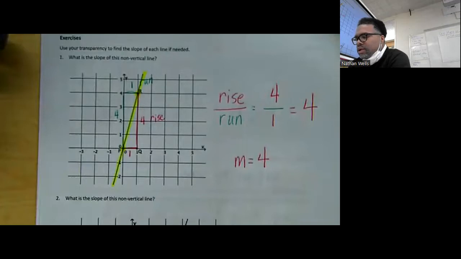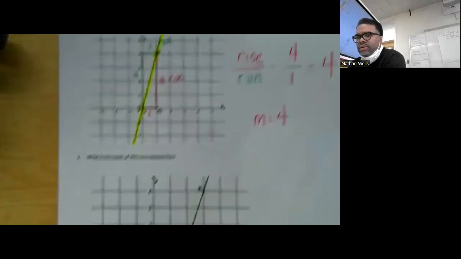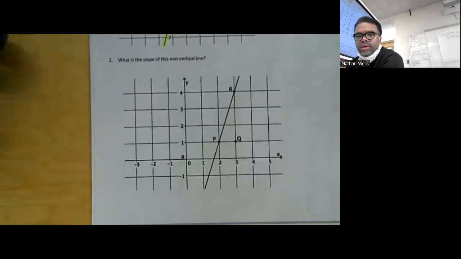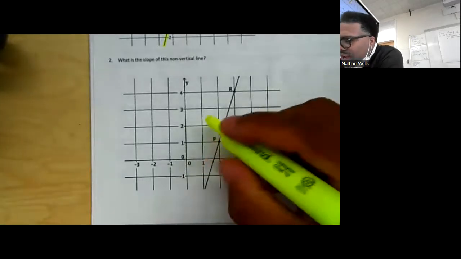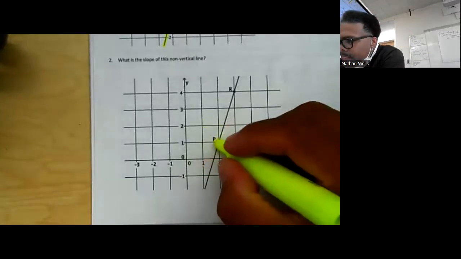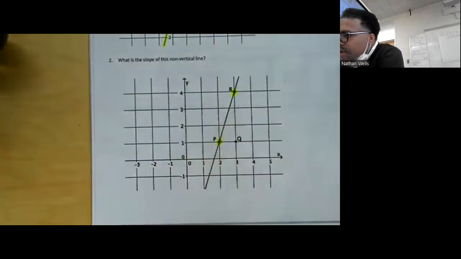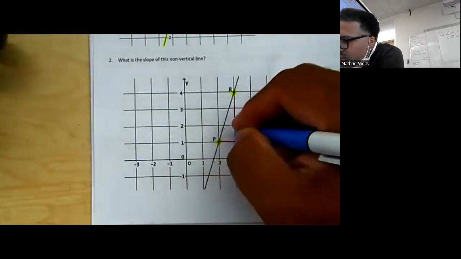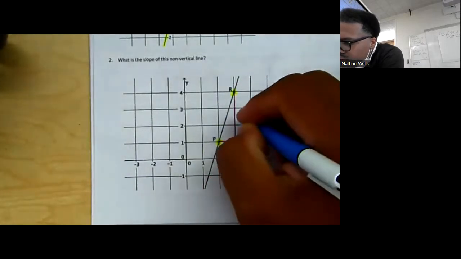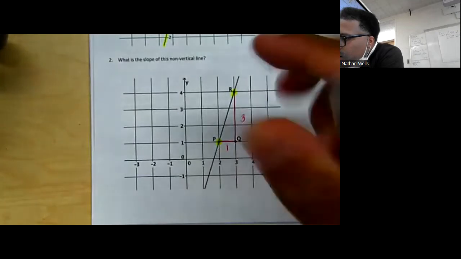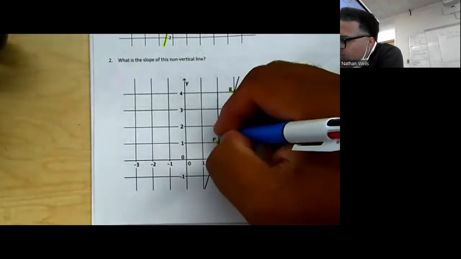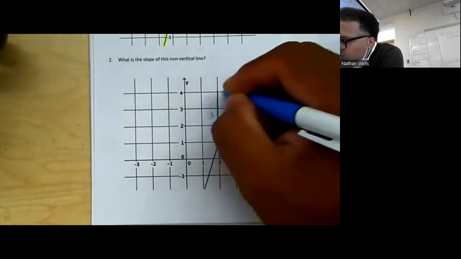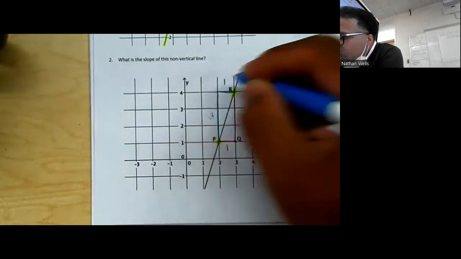Let's take a look at another example. 2 points on the line here. How do I get there? I either go to the right 1 and up 3, or I can rise 3 and run 1 this way.